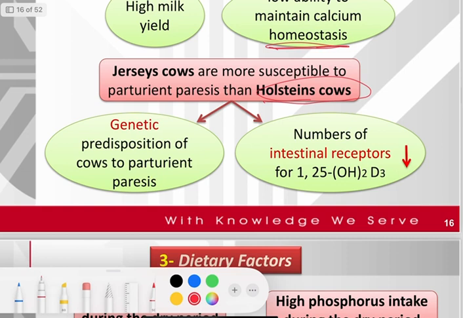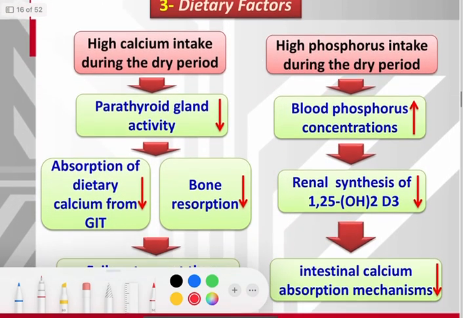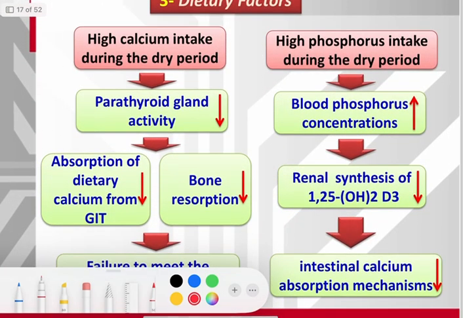Coming to dietary factors, high calcium intake during the dry period will cause decreased activity of the parathyroid gland. This decreased activity will cause decreased absorption of calcium from the GIT, due to the decreased level of parathyroid hormone, and bone resorption will also decrease.